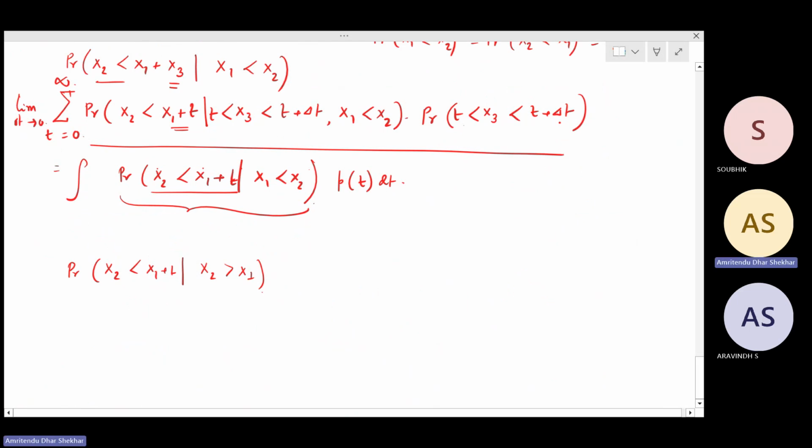Okay. So we have to compute this term, right?